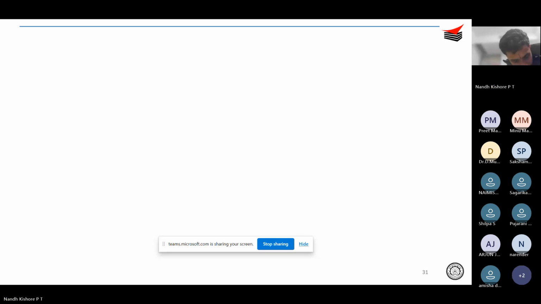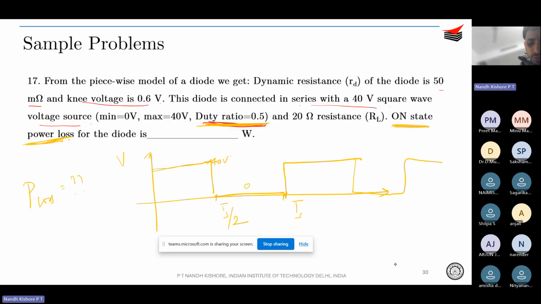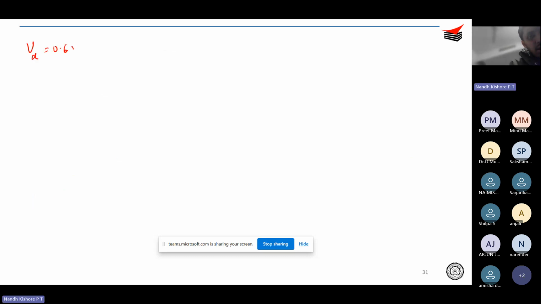Right. So first we will write what all is known. That is VD 0.6, right? Then your RD is 50 milliohms, and your voltage source is 40 volts.